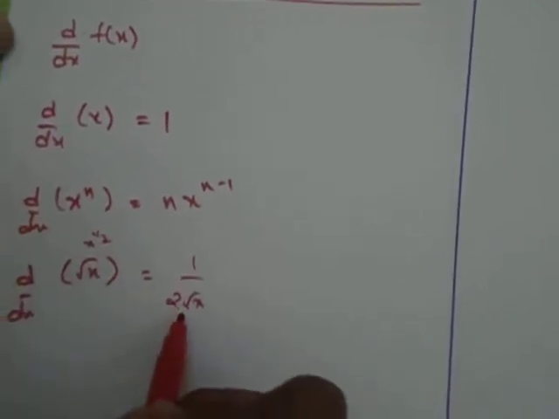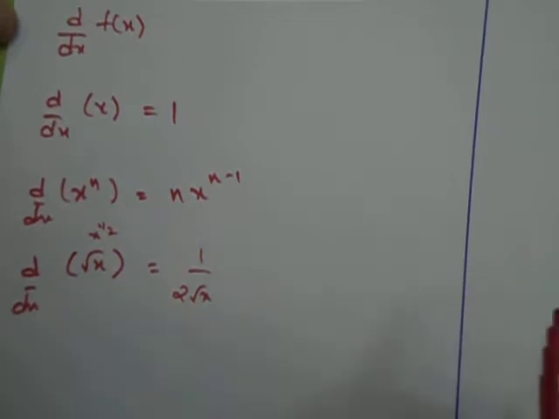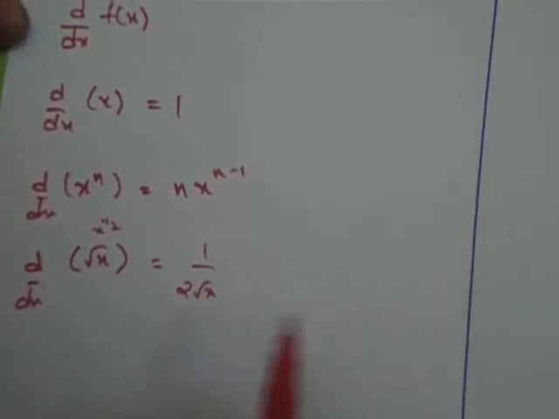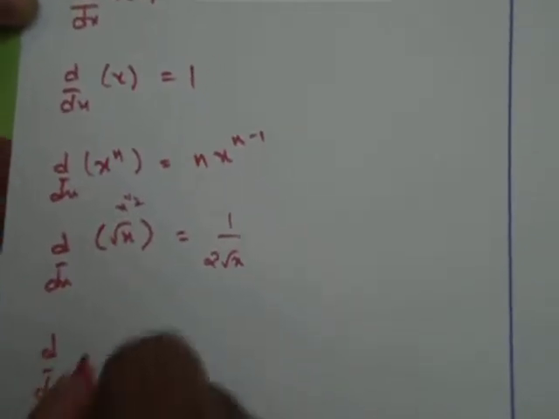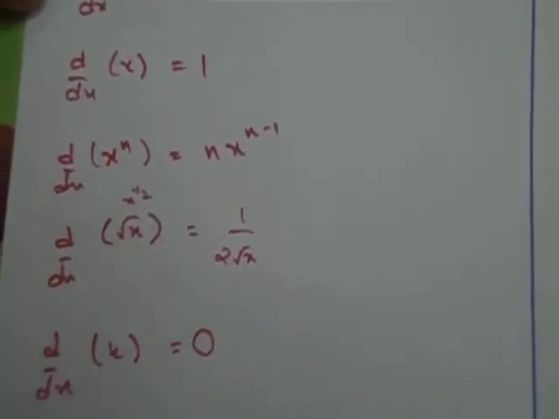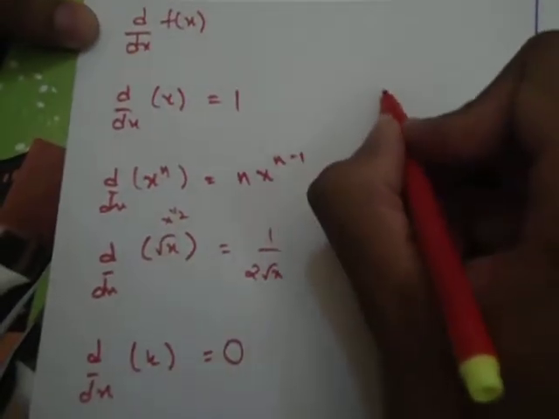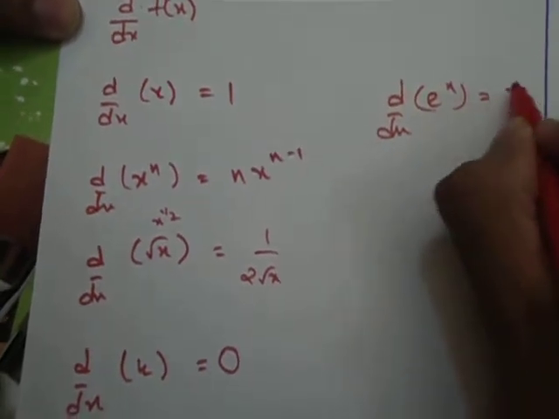So it's 1 by 2 into x power 1 by 2 minus 1, that is minus 1 by 2. And also d by dx of any constant, say k, is always 0, and d by dx of e power x is e power x.